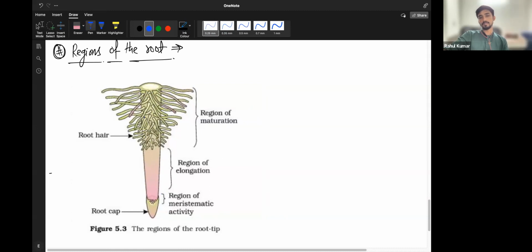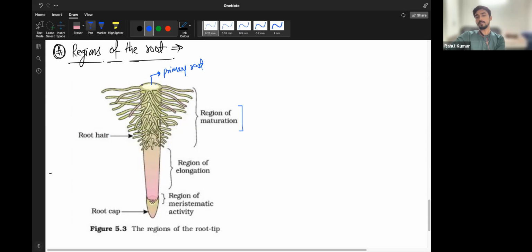So this is a root tip that I have taken. It can be very long. So you understand that this is the region of maturation, and it contains secondary roots, right? The root hairs. So this is the primary root which is going in, right? These root hairs are basically fine.